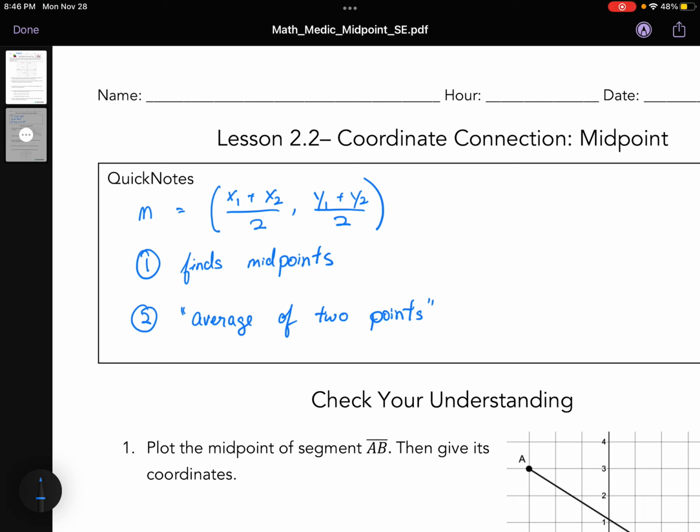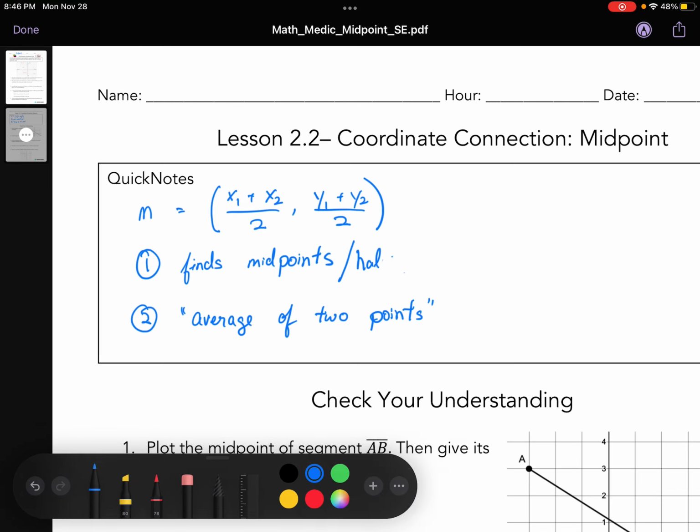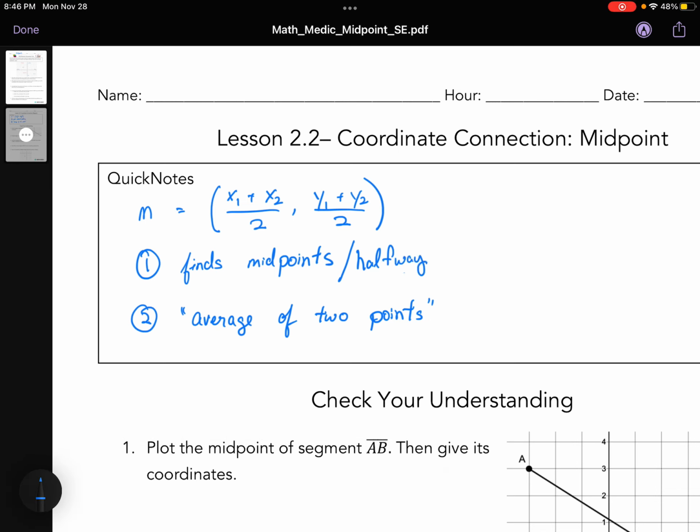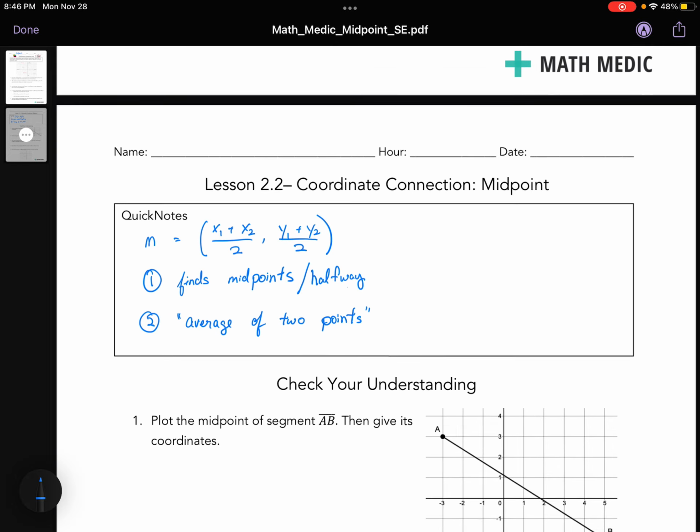That's what the midpoint does. Midpoint is also known as the halfway point. Oh, I misspelled halfway. Halfway. So let's use that for the beginning at the moment.